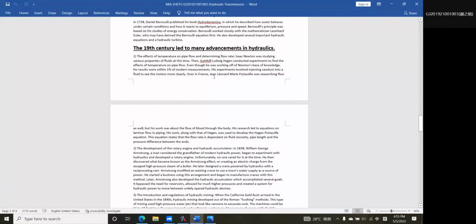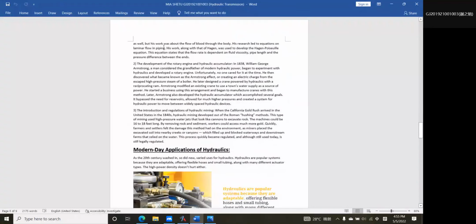Over in France, Jean-Léonard Marie Poiseuille was researching flow as well, but his work was about the flow of blood through the body. His research led to equations on laminar flow in piping. His work, along with that of Hagen, was used to develop the Hagen-Poiseuille equation.